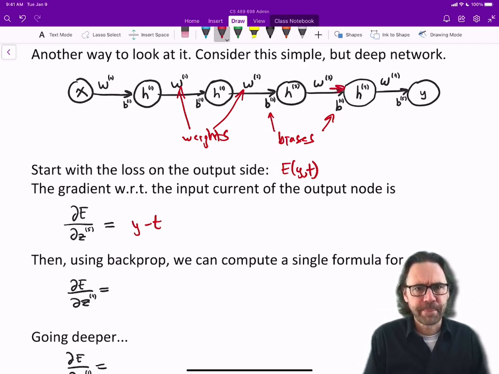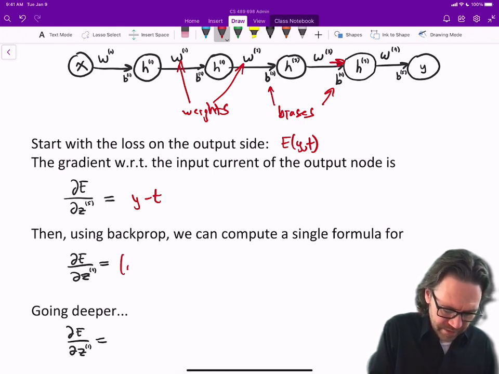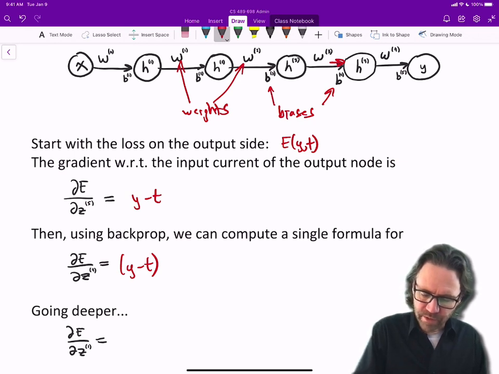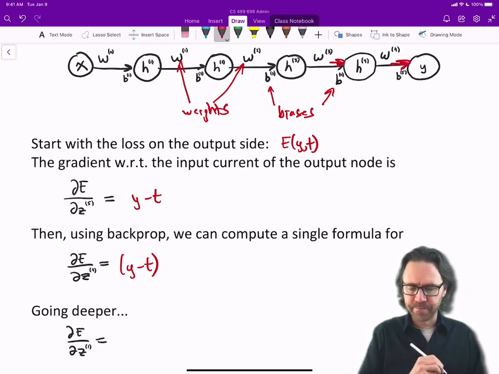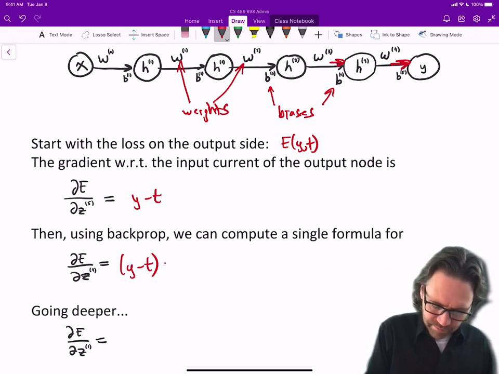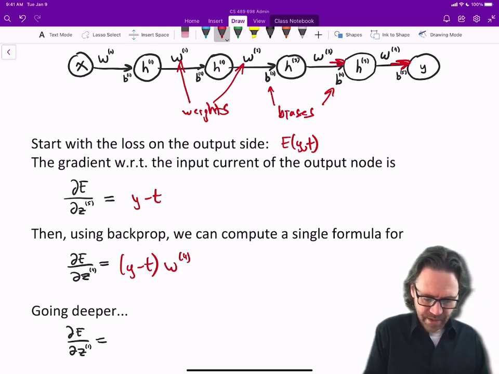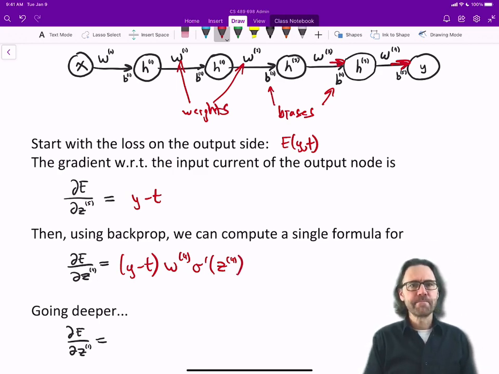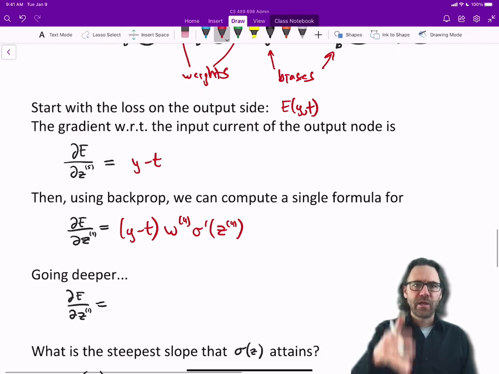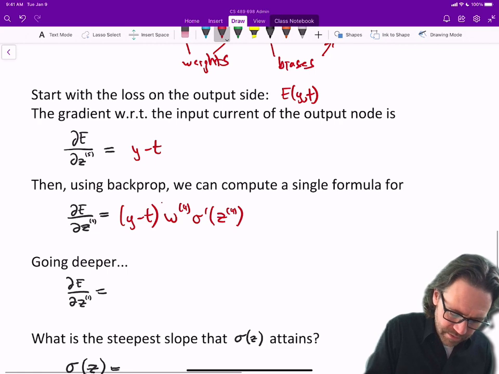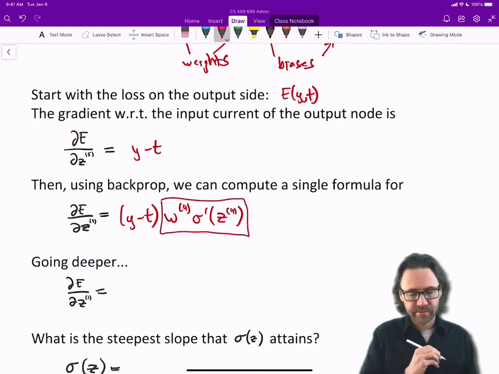Right, so we have our gradient at our output, our top gradient. So that's the gradient with respect to the input current here. Now we have to push it down a layer. So backprop says, well, you push it through the weights, so it'll be times W4, and then through the activation function. Okay, going deeper, I think you can see the pattern that at every layer we add another set of these.